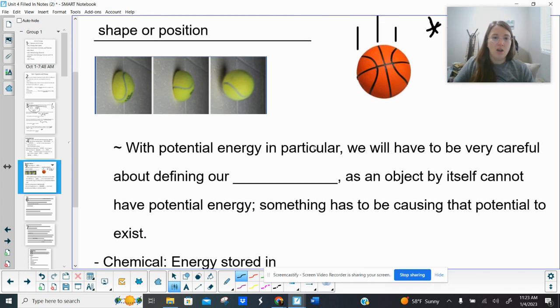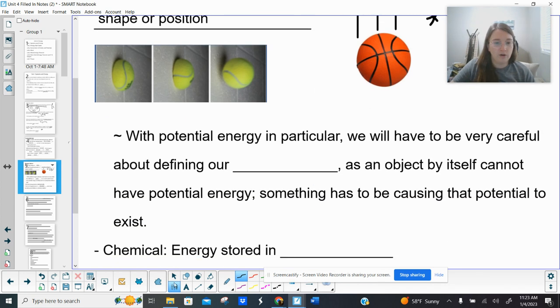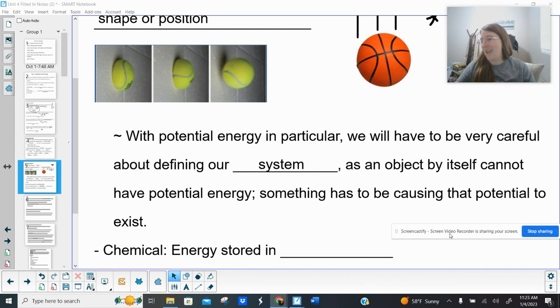We'll learn about that. So with potential energy in particular, you have to be careful about defining your system, because I actually can't say that this cup by itself has any potential, because it doesn't. If I'm just saying my system is the cup, well, all the cup is doing is resting in my hand right now. Inside the system of the cup, it's just the cup by itself. If I define my system, what's giving it the potential, right?